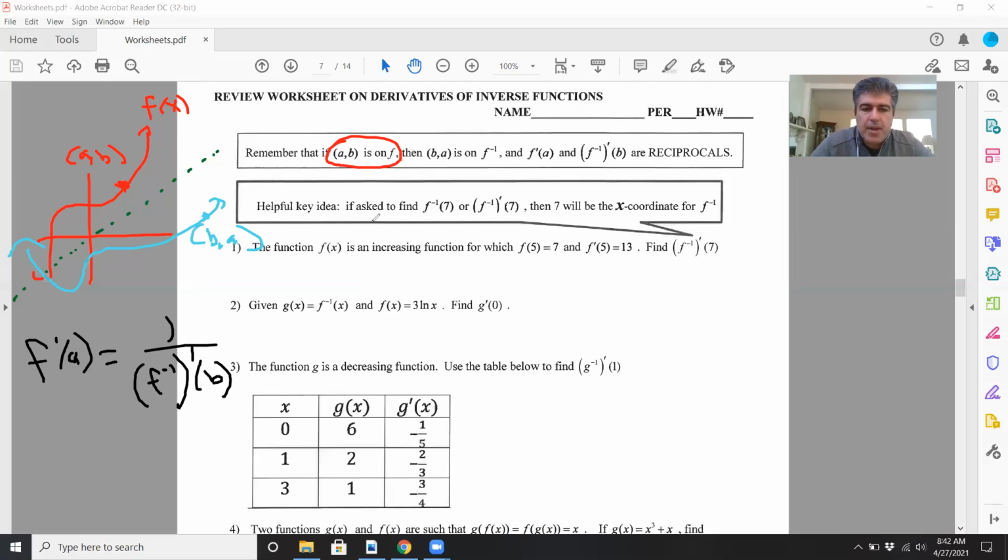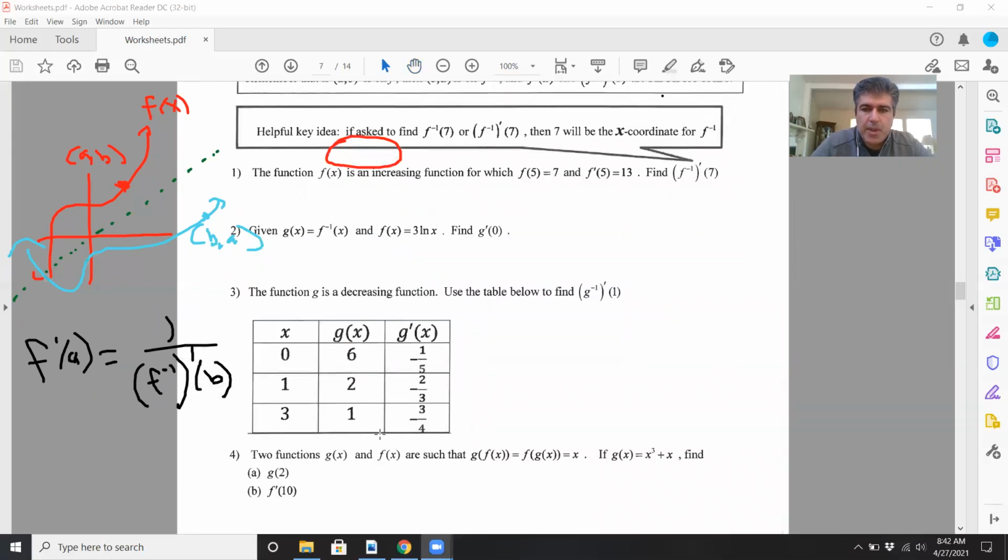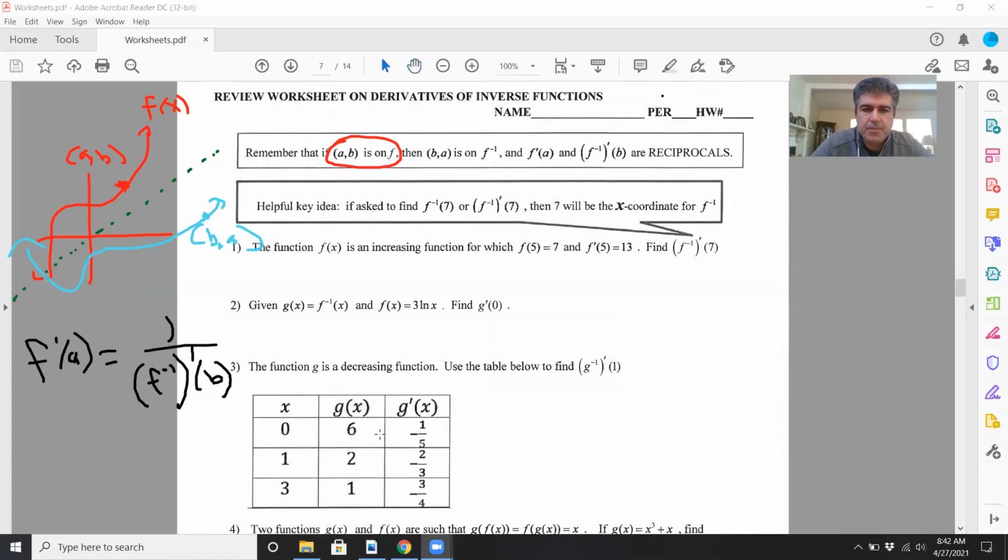Let's do a couple of these, and I'll have you try some of the ones below. Let me get us warmed up with number 1. F of x is an increasing function where f of 5 equals 7 and f prime of 5 equals 13. Find the derivative of the inverse evaluated at 7.